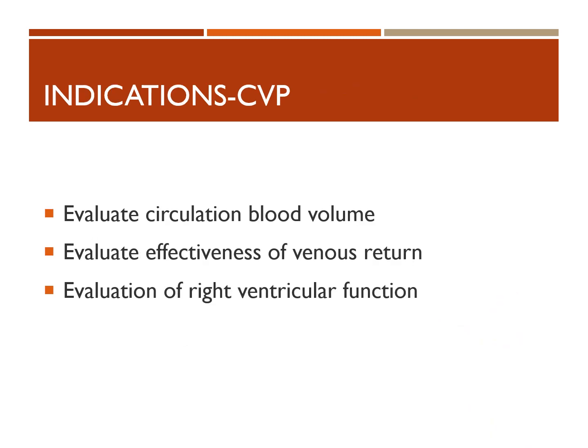So indications to put in a CVP: if we are looking at their circulation, blood volume, their volume status, that can be a big help. Dehydration, hypertension, and so on, especially if they've been in a trauma. It's a good way to look at their volume status.